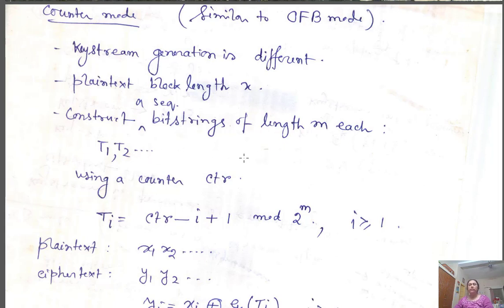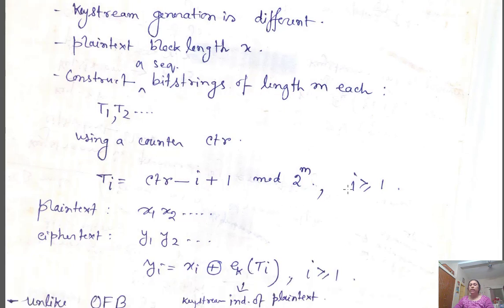We generate this sequence of bit strings using a counter. This counter may be 0 or it can be the initial value in the register. So we generate Ti to be the counter value plus i minus 1, modulo 2 to the power m, where i starts from 1.